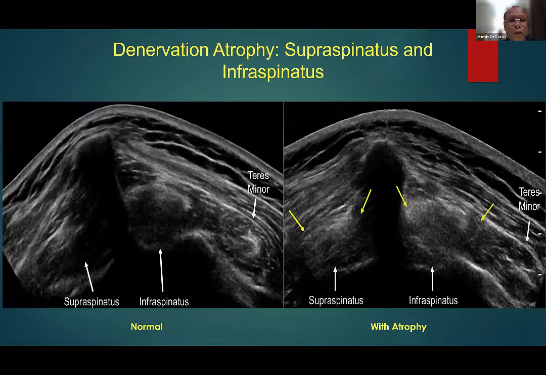That is why it's very important to also show a panoramic view of this muscle, from supraspinatus to infraspinatus to teres minor. You can see here that the left side is normal, but on this side you can see fatty infiltration with atrophy of the infraspinatus as compared to your teres minor. Very significant change, if you will notice. There's an increased echogenicity on the right.